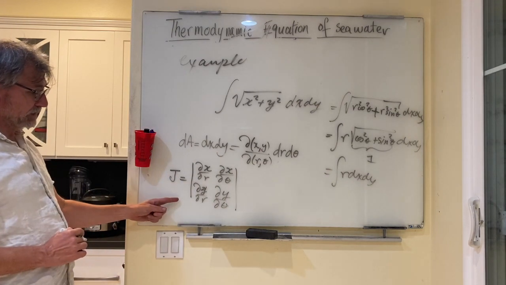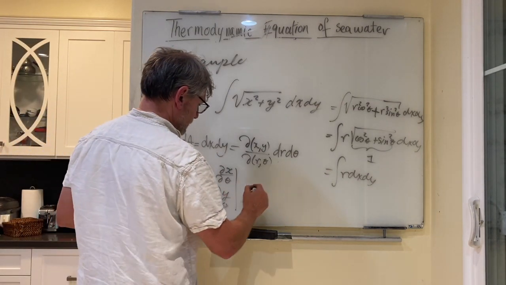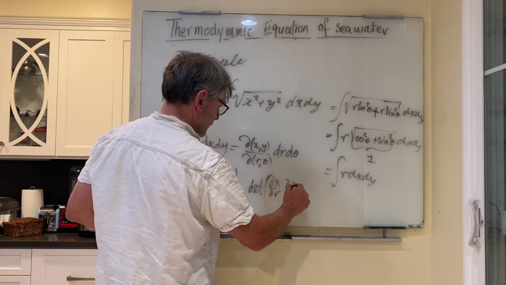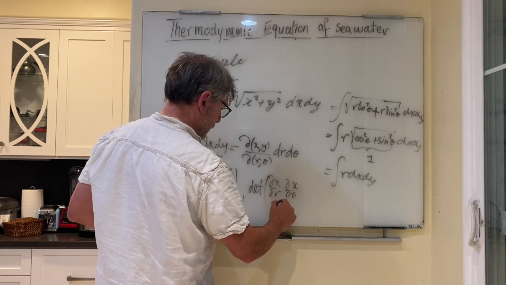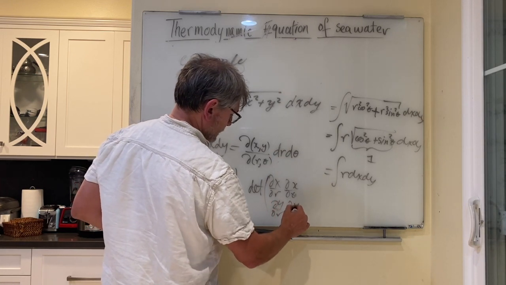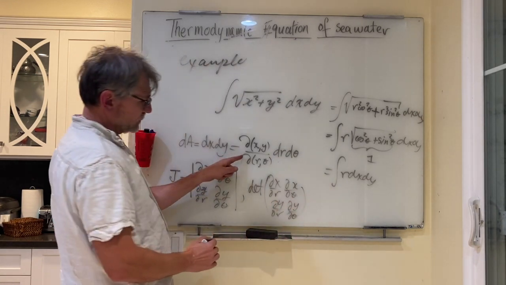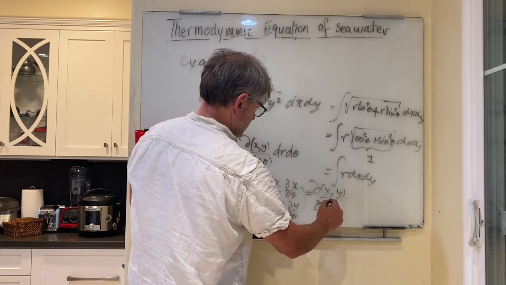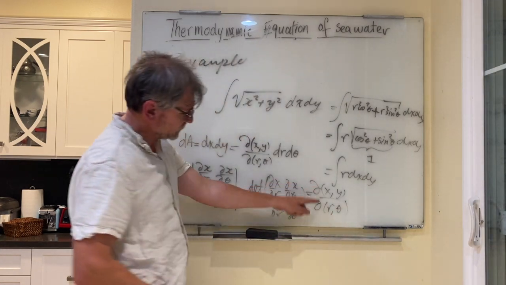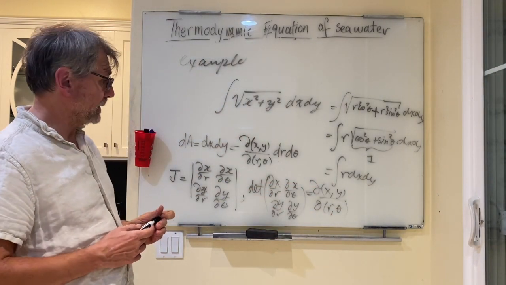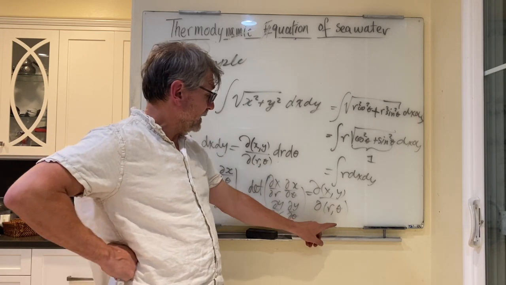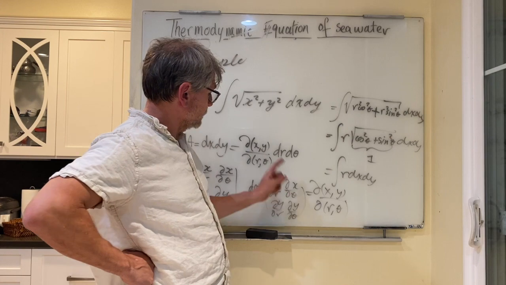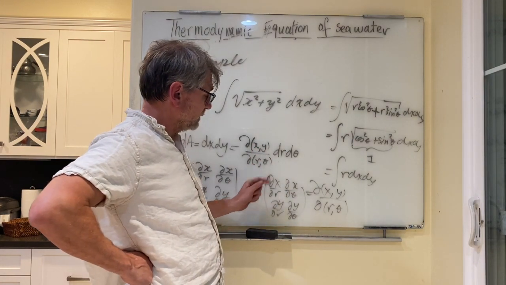And if I take the determinant of this matrix, then I use this notation. This is the standard notation. So this notation with these partials is the Jacobian determinant for the change of variables from x and y to r and theta.